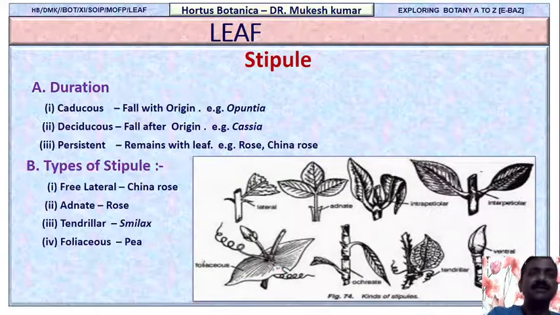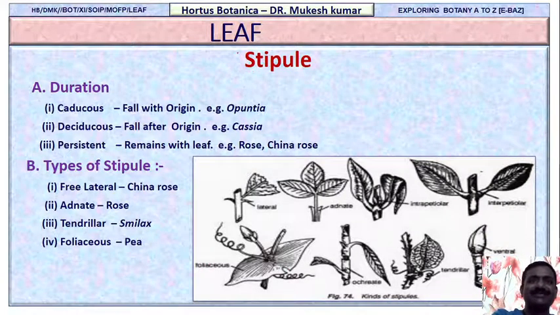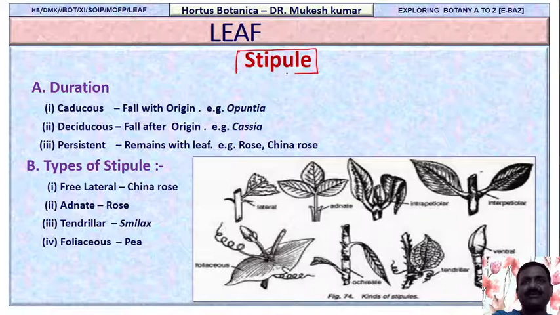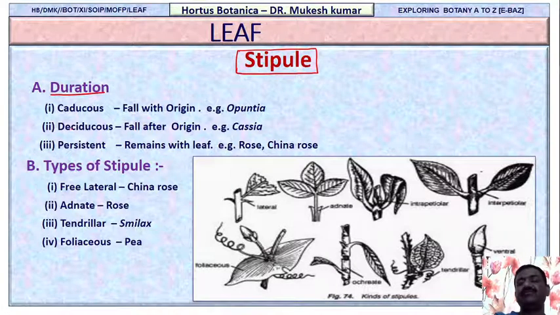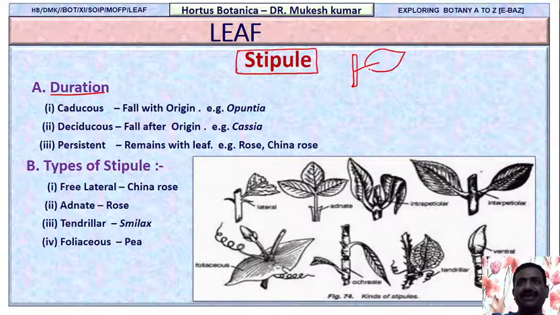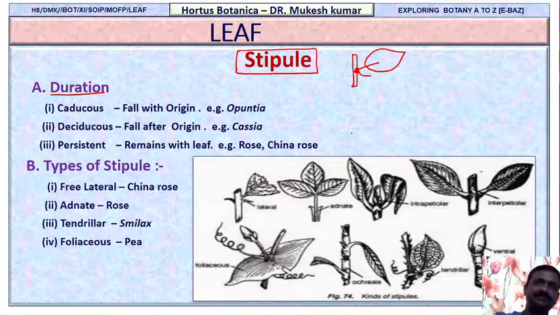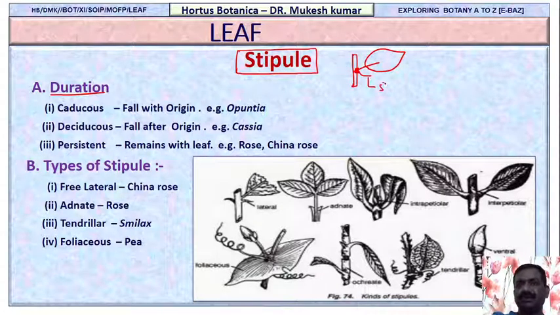Now, my dear, let's see about the stipule. A very interesting question will come about the stipule, the duration of a stipule. Okay, what happened? You have the stem. Yes, this is your leaf, fine, and from this leaf base the stipule will come. So what is the duration of this stipule we are talking about?